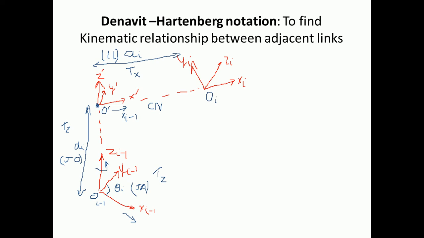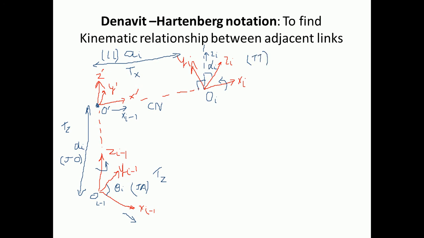Now the last parameter of the Denavit-Hartenberg notation scheme is the twist angle. For finding the twist angle, first of all we have to draw a line which should be perpendicular to the common normal. Then we do a rotation about the x axis, so that this zi is going to be parallel with this perpendicular axis, and this angle is represented by alpha i, which is called the twist angle.